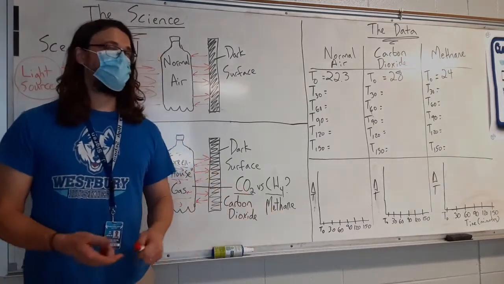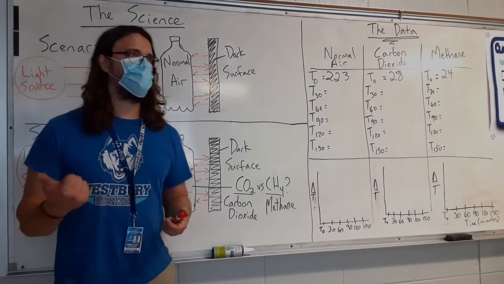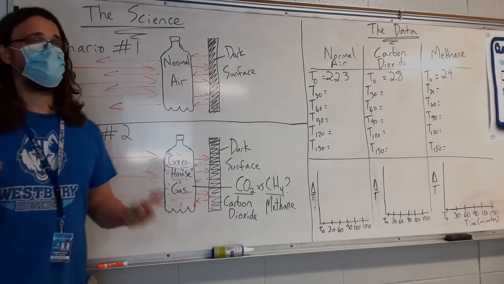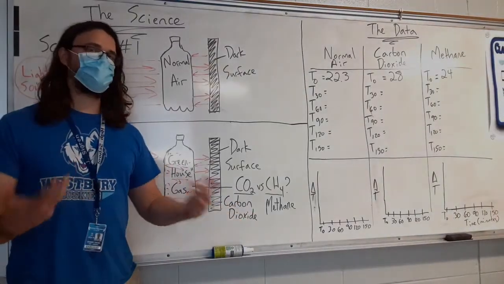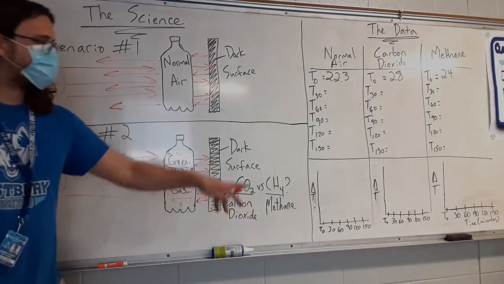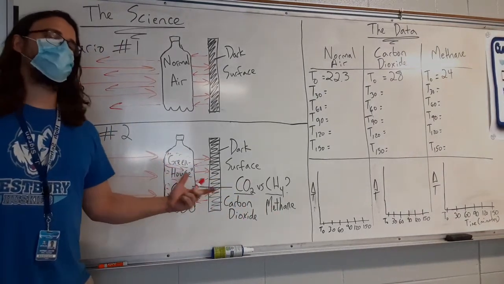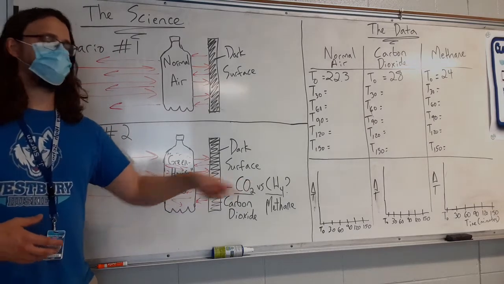Generally, methane is made by agricultural processes like growing rice, or cattle actually burp and fart a lot of methane. And so those are big sources of methane. We have 2 different bottles, one with carbon dioxide, one with methane. What do you think is actually going to trap more heat? The carbon dioxide or the methane?